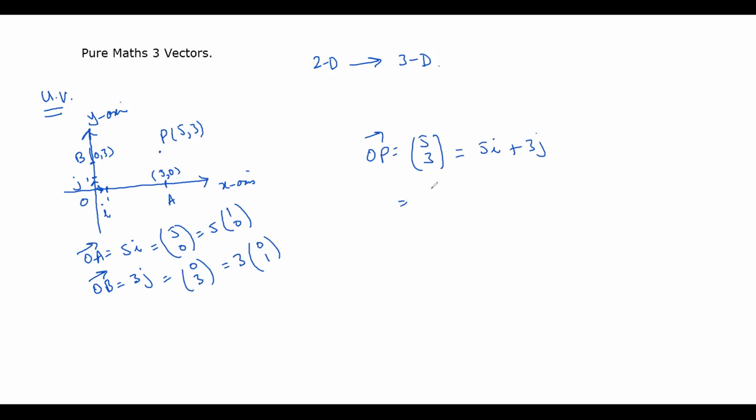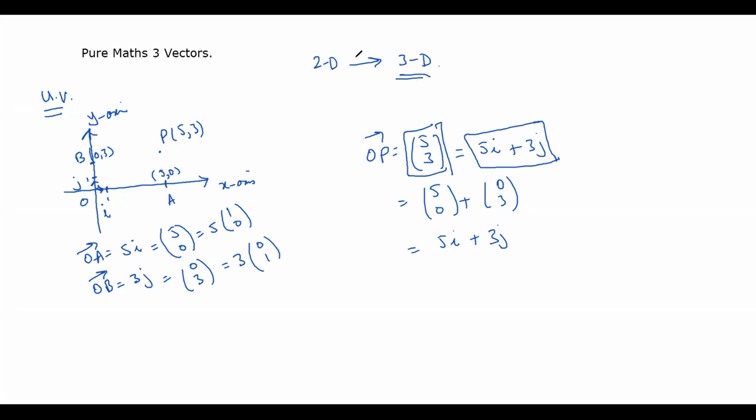Because if you want to break it down, you can write it as (5, 0) plus (0, 3). And you know that (5, 0) is 5i and (0, 3) is 3j. So this (5, 3) is the same as writing it as 5i plus 3j. Now, is that clear to you? Okay, so if this is clear to you, now we can move on to the 3D thing.